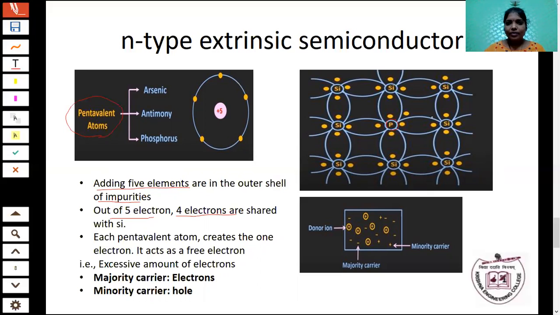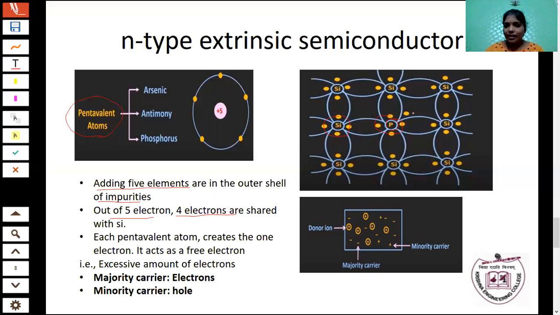You know that silicon has only 4 valence electrons, but phosphorus has 5. So out of 5 valence electrons, only 4 are associated with the neighboring silicon atoms and create covalent bonds. Covalent bond means sharing of electrons.